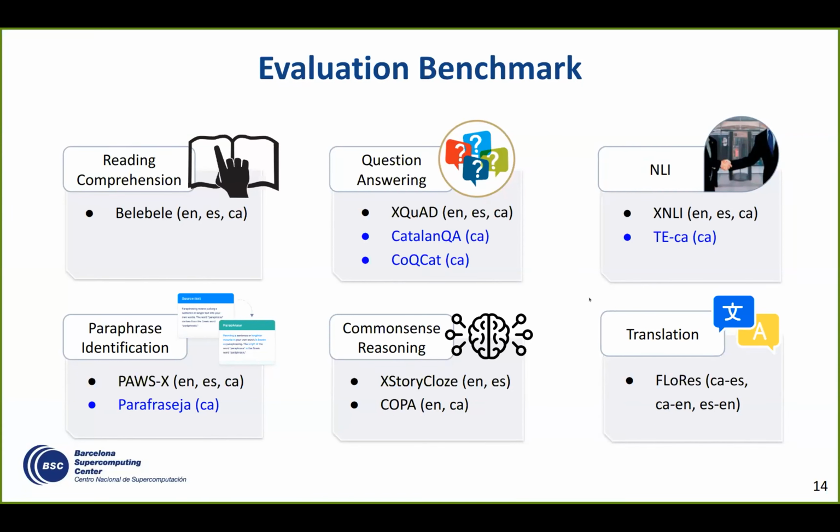And therefore, we have included the 4 datasets that are marked in blue that were directly designed in Catalan. But we also included some multilingual datasets that were available in the 3 languages, or at least in 2 of them. Also, we used EleutherAI's evaluation harness as a framework for evaluation, and we evaluated in a 5-shot setting only.